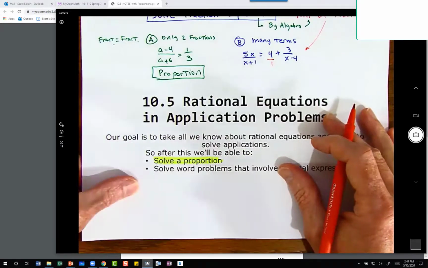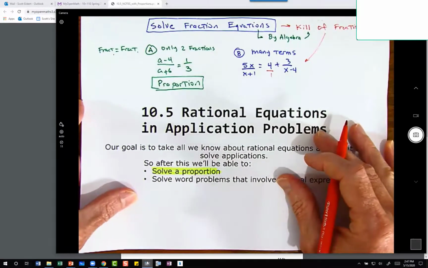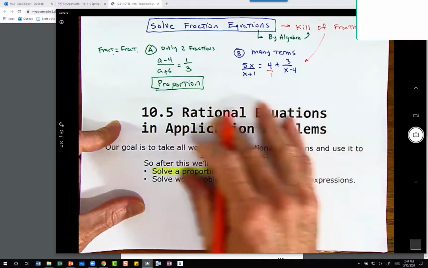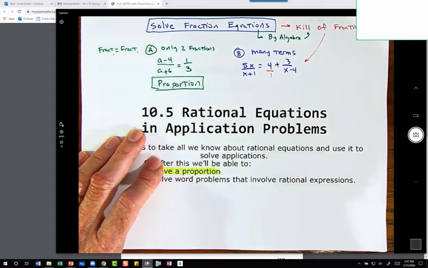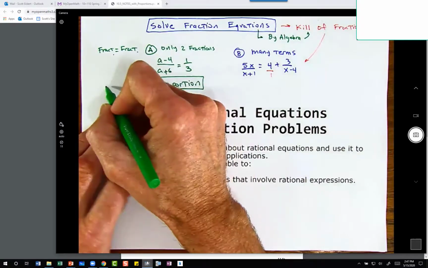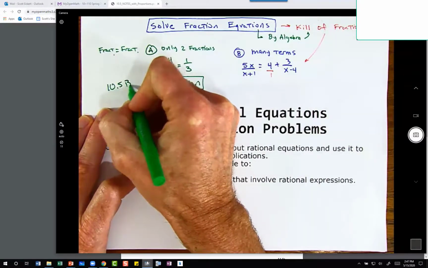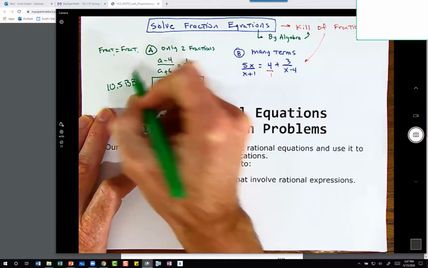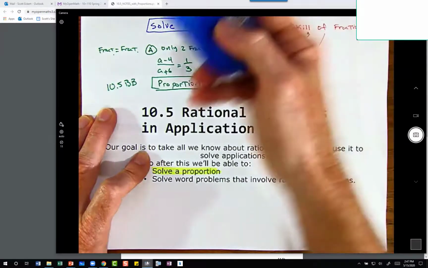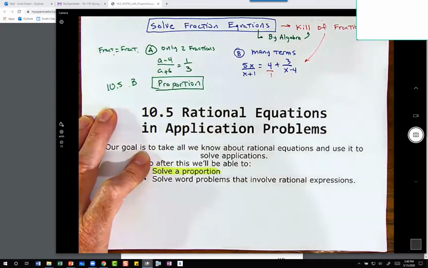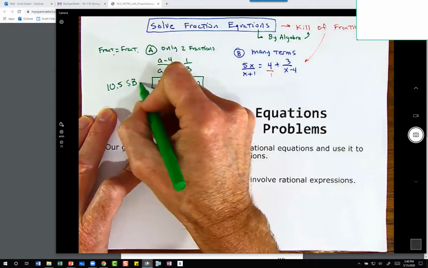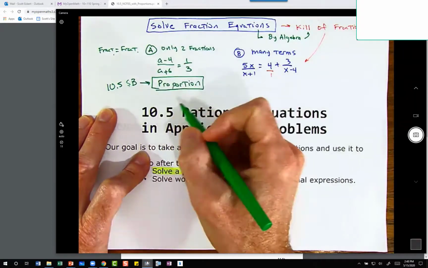Let's turn in your note packet. So we kind of set up the story here. In MOM, there's a 10.5 skill builder that is going to focus exclusively on these proportion problems.